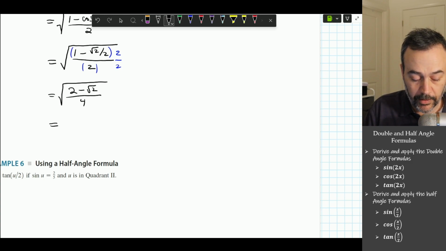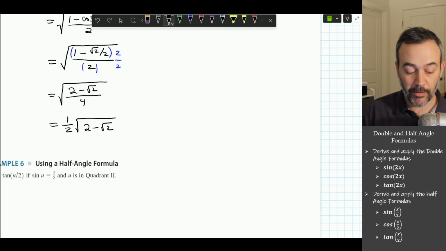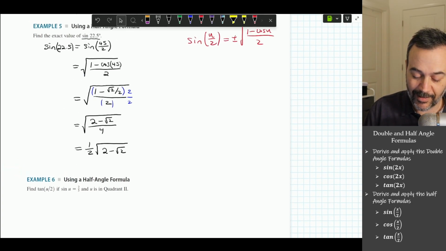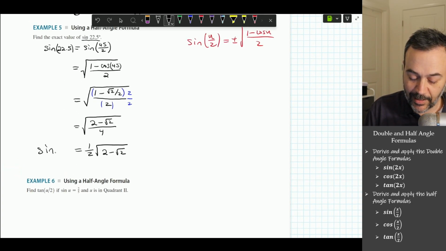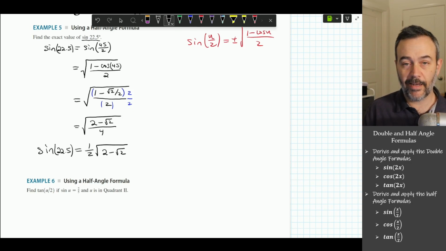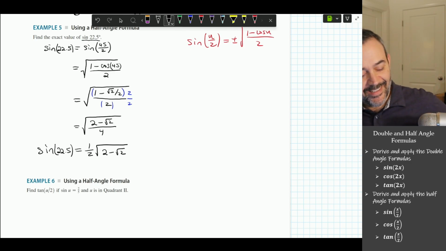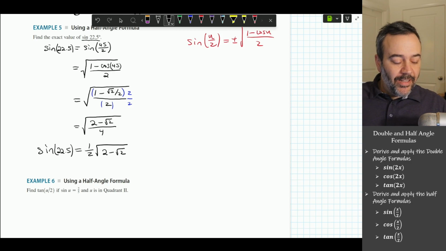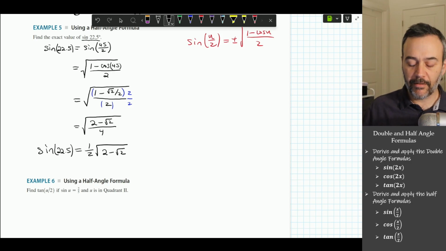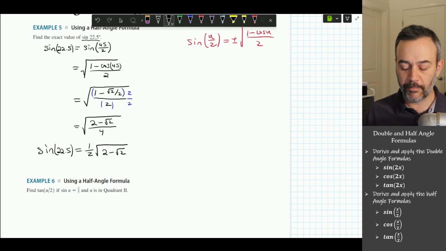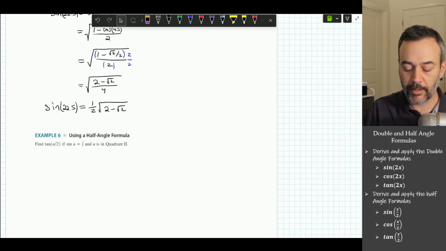So in the front, I would end up with 1/2 square root of 2 minus root 2. So there's actually a square root underneath a square root. So the sine of 22.5 is 1/2 square root of 2 minus square root of 2. So the half angle formulas and double angle formulas allow us to calculate a bunch of things by hand that we couldn't do otherwise.